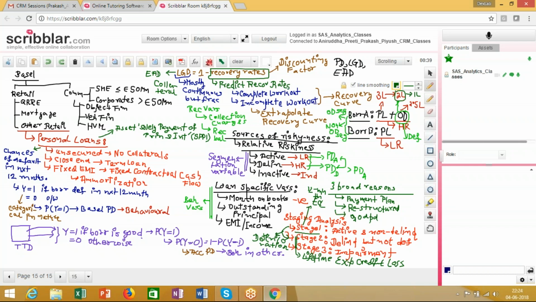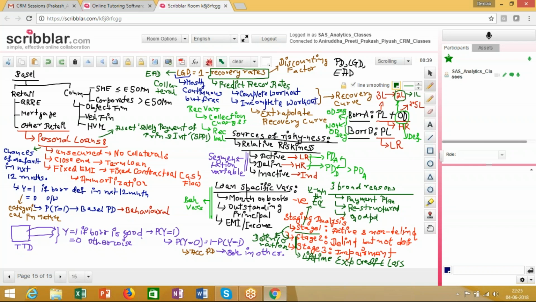So till now, are you clear on the following questions? What is the staging analysis, and how do you identify it? How do we identify the difference between these two regulations? How do you identify QRRE?